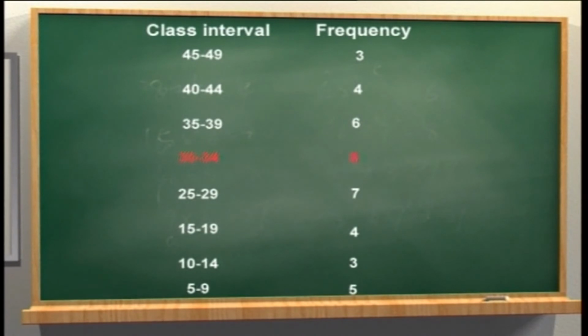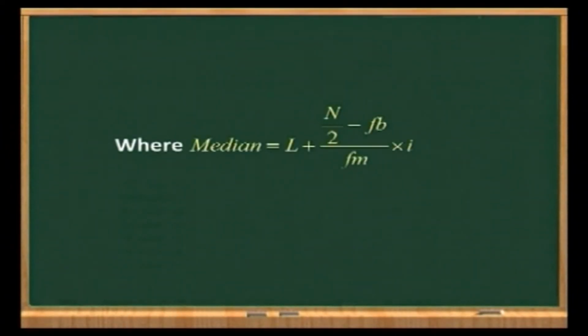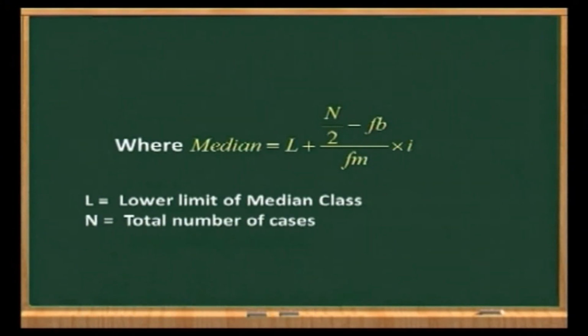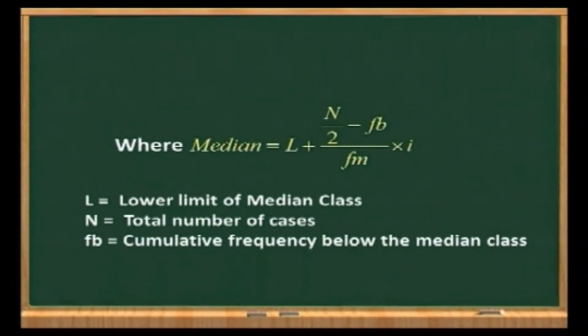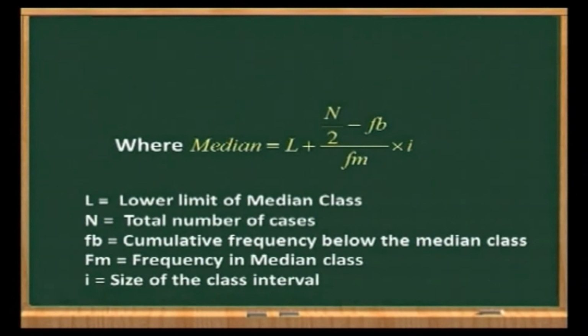Hence, the median would be calculated by using this formula: Median = L + ((N/2 − Fb) / Fm) × I, where L is the lower limit of the median class, N is the total number of cases, Fb is the cumulative frequency below the median class, Fm is the frequency in the median class, and I is the size of the class interval.